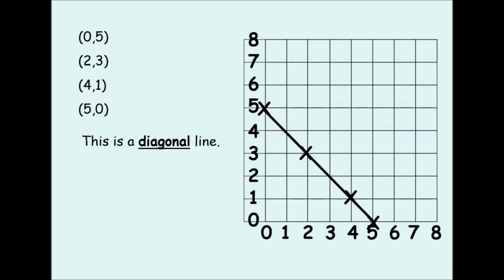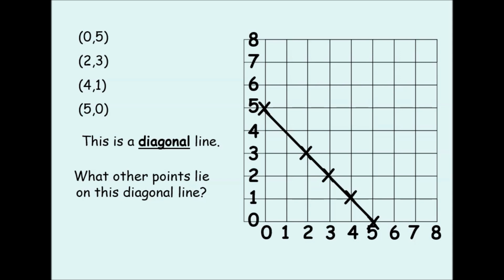Okay, question now. What other points lie on that diagonal? Give you a couple of seconds of thinking time. See if you can jot it down on your piece of paper. Which other 2 points could you put on that same diagonal line? Okay, let's have a look.